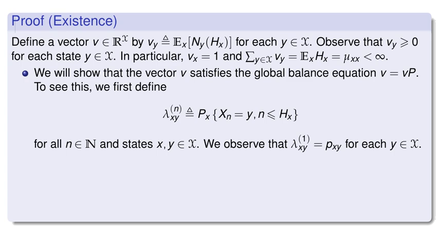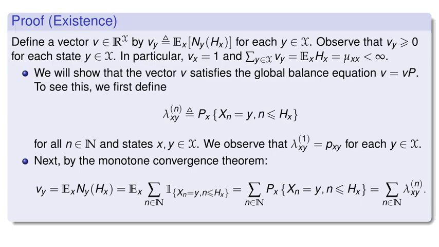This is defined for all natural numbers n and all states x, y in script X. We can observe immediately that lambda sub xy superscript 1 is just the one-step transition probability p sub xy for each y in script X.